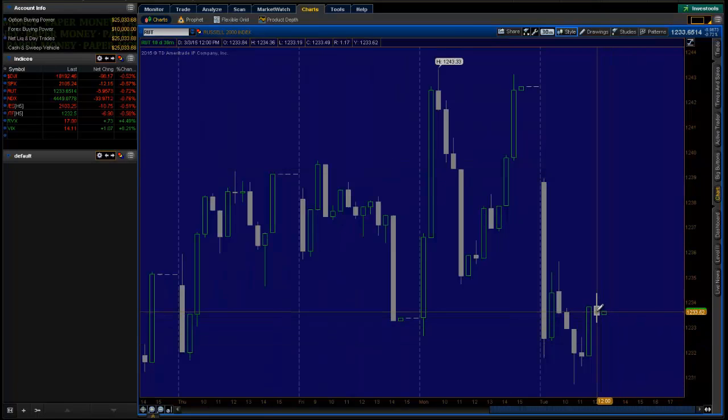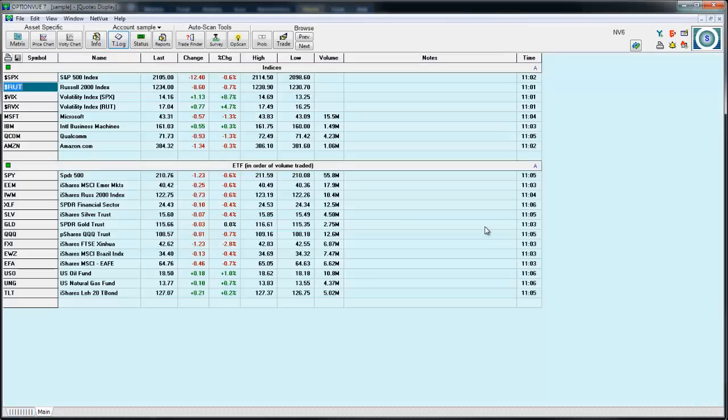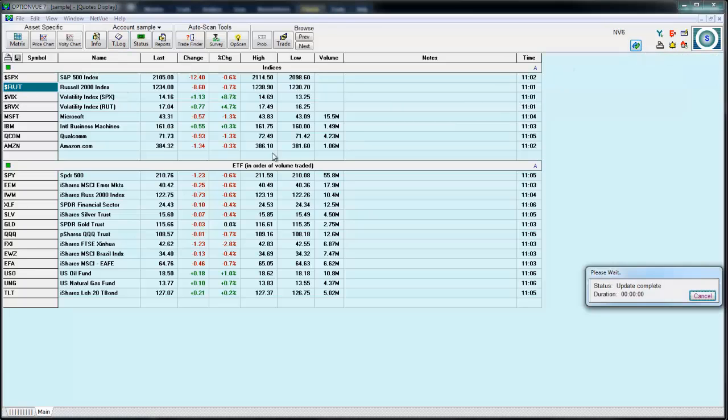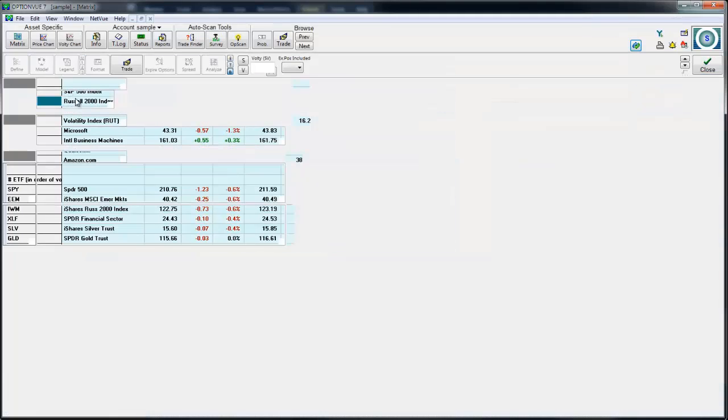If I zoom in right here, probably this candle right here, it closed at 1233.49. All right, this one closed at 1233.82. So option view allows you to step through in 30-minute increments, and you'll say, okay, I can open up the Russell.